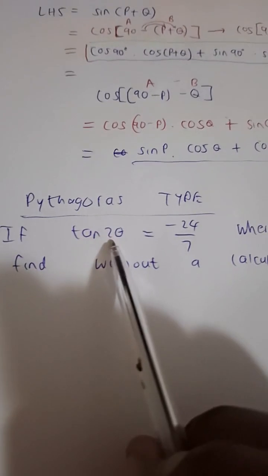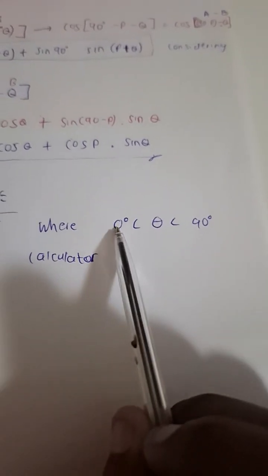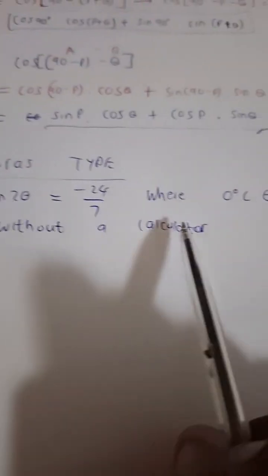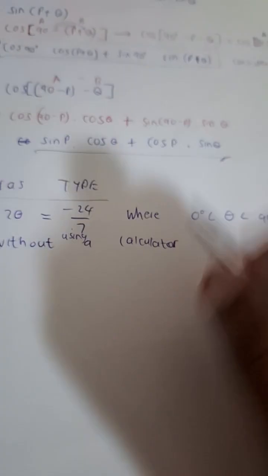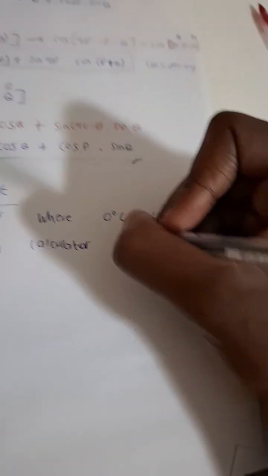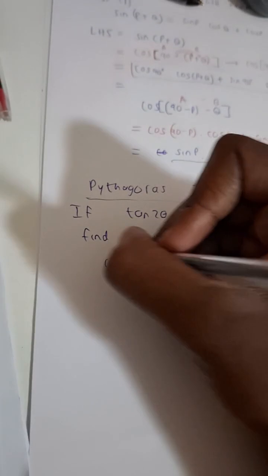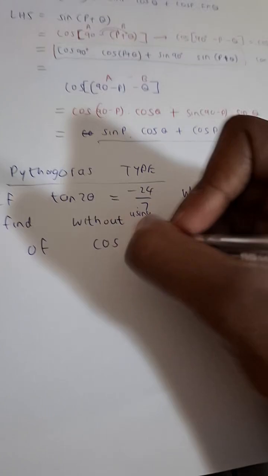If tan 2 theta is equal to negative 24/7, where theta is between 0 and 90, it says find without using a calculator the value of cos theta.